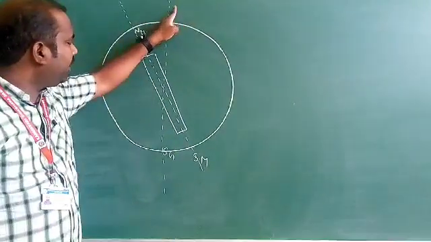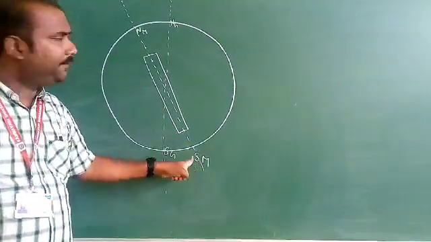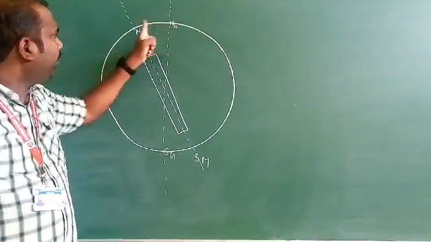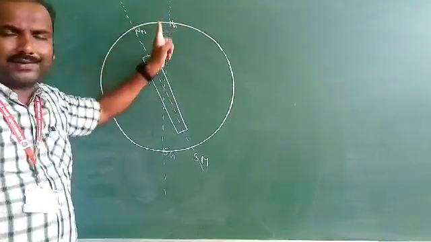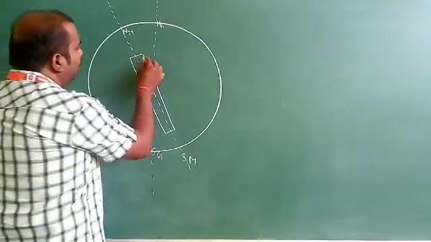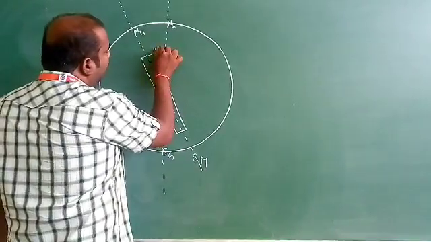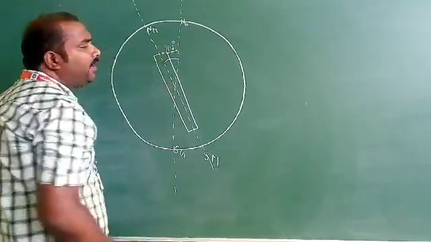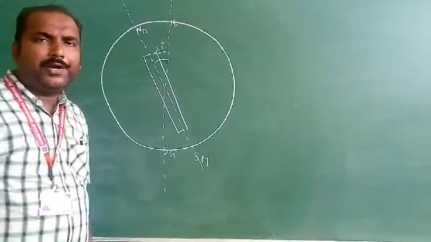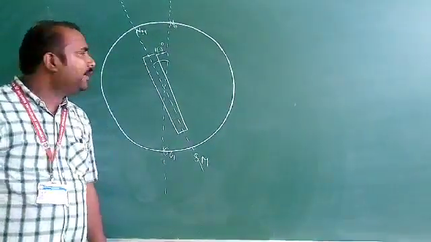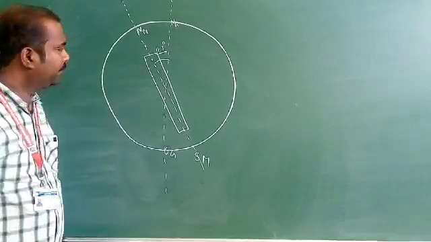Now these two are at an angle of 11.3 degrees. The angle between geographic meridian and magnetic meridian is 11.3 degrees.